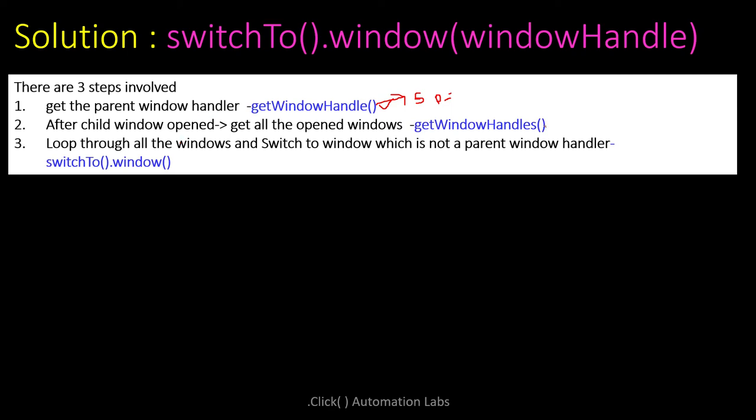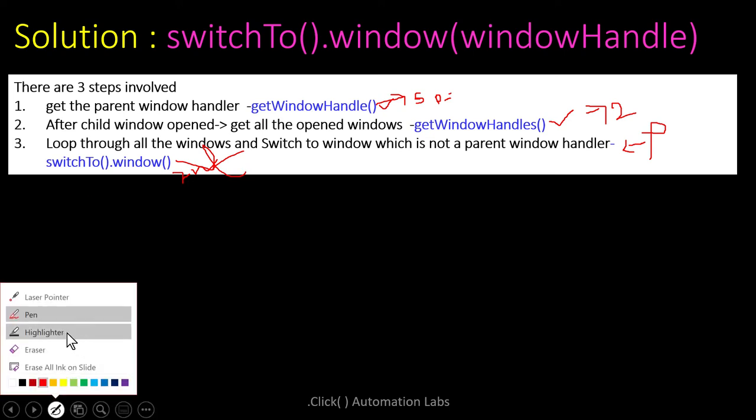So after that you use get window handles, so that you will see the window handler count is 2. Now loop it, right? So very first time you will get one window handler, but that is a parent window handler. Okay, so if the parent window handler equals to this, then don't switch. If not, then switch dot window using the second window handler. So this is how the switch to window works.